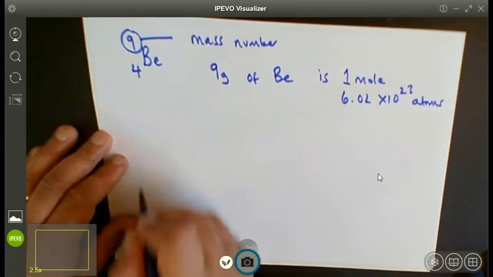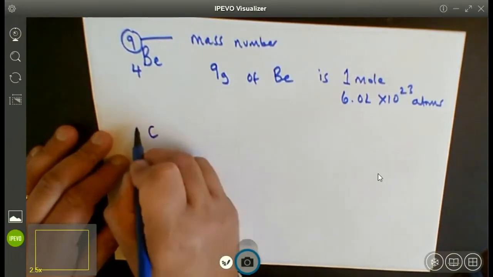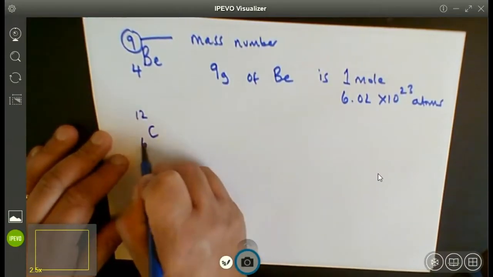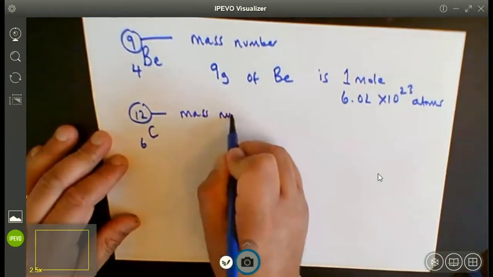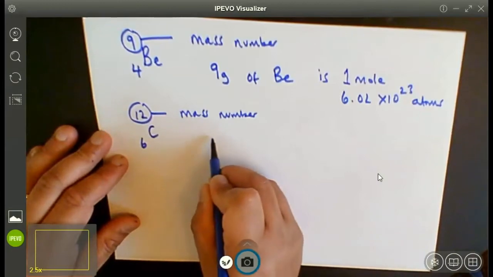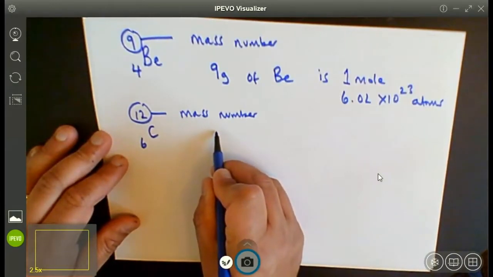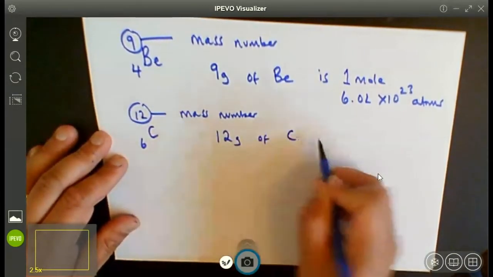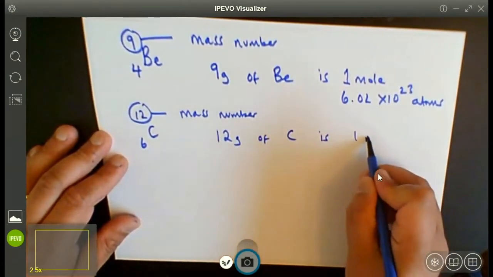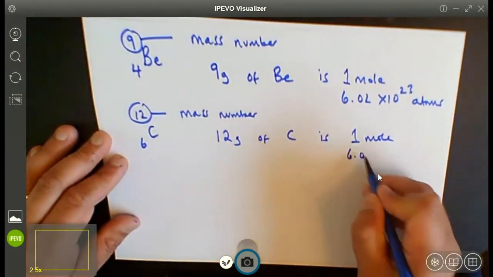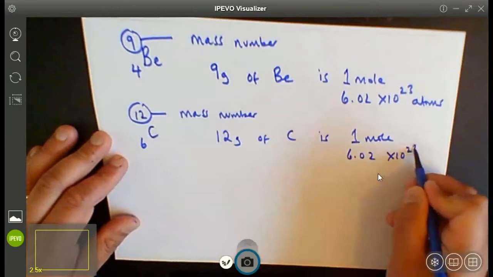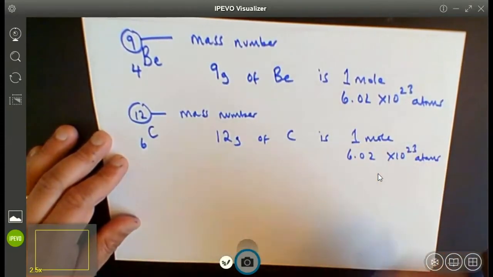If we look at carbon, carbon is 12 and 6. Again, that 12 is the mass number. And if I exactly weighed out 12 grams of carbon, that is 1 mole. And we know that that's 1 mole, so I'd know exactly how many atoms are there. I would have 6.02 times 10 to the 23 atoms.